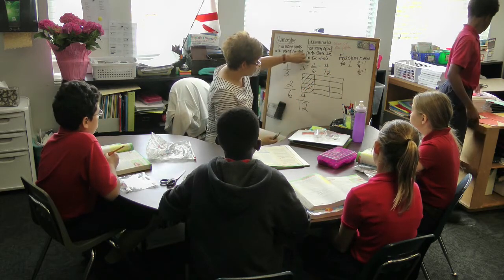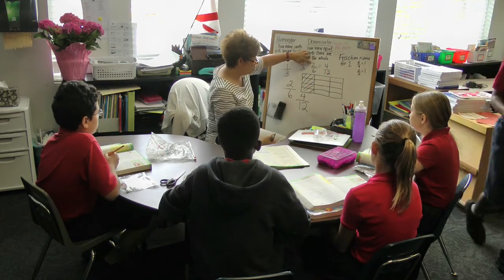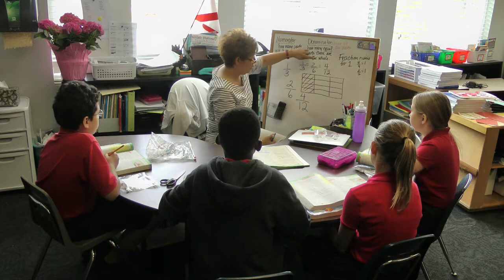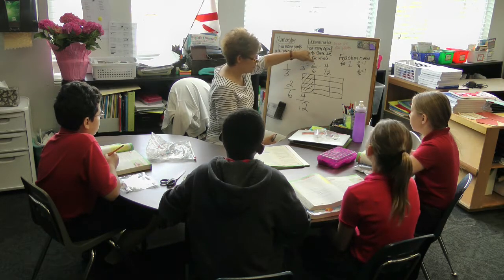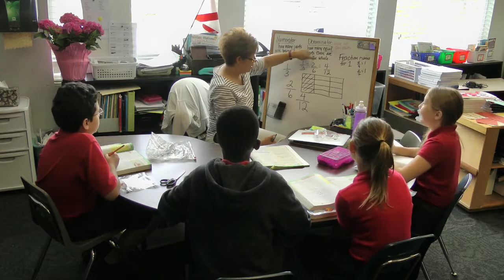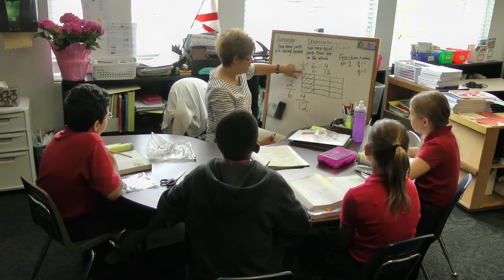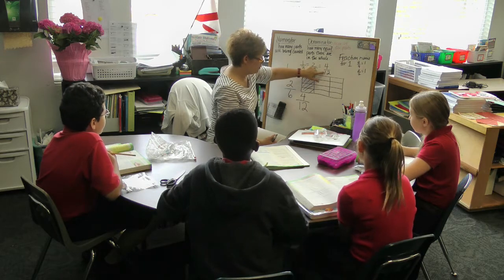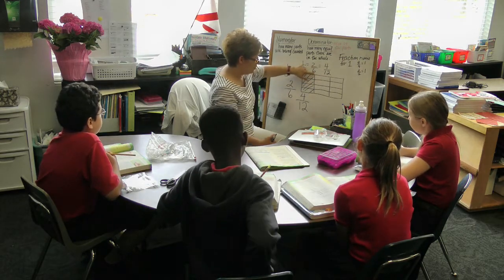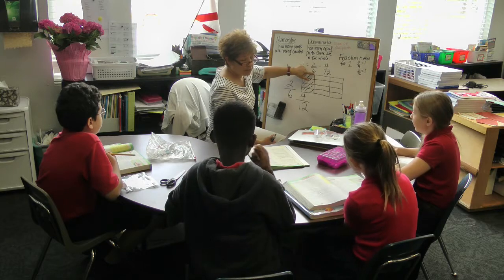Do you notice that this numerator is double this numerator, and this numerator is double this numerator? Yes. And this denominator is double this denominator, and 12 is double the 6 denominator here.